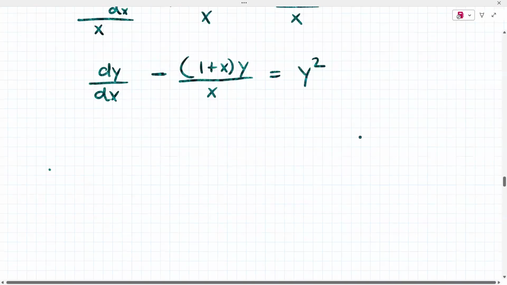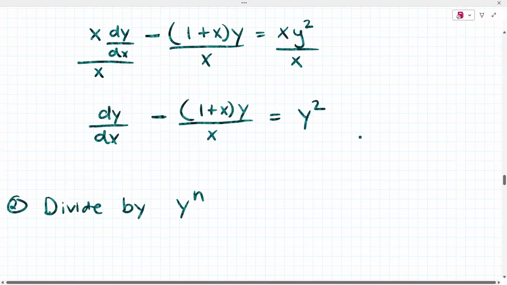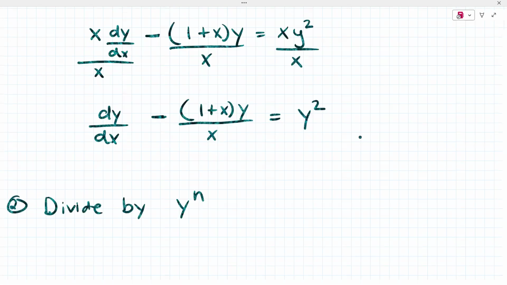Okay, step 2, you're going to divide everything by yn. So what is our yn? So there's a 1 here, and then our yn, I believe, is y squared. So my yn is y squared.